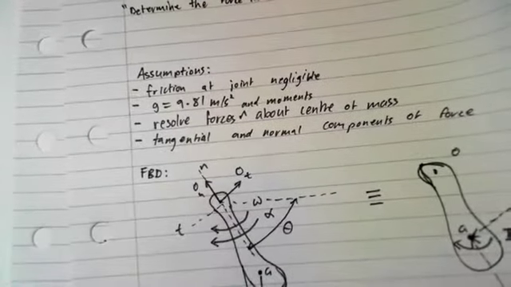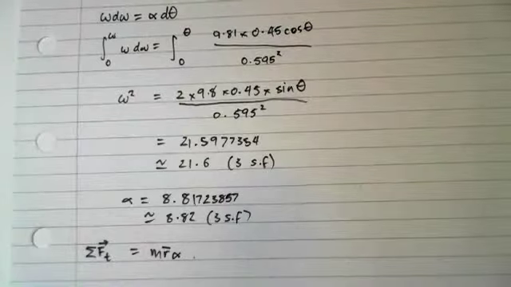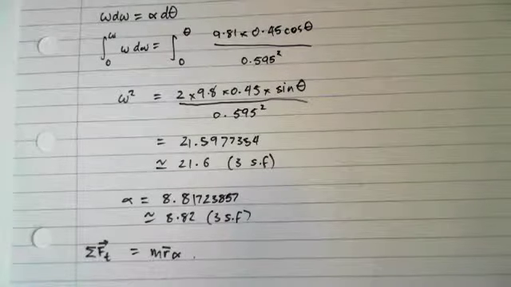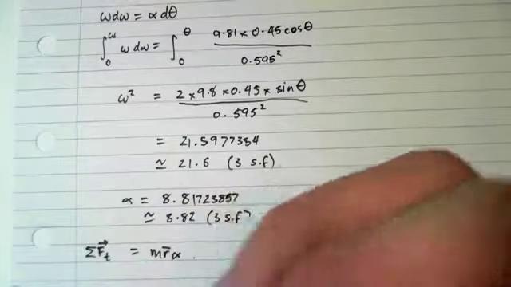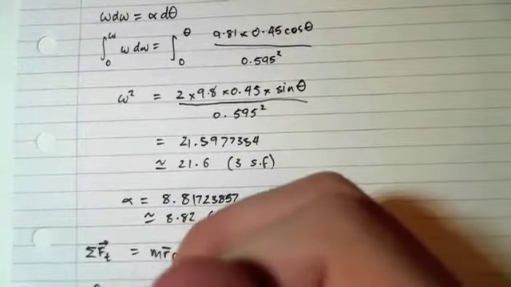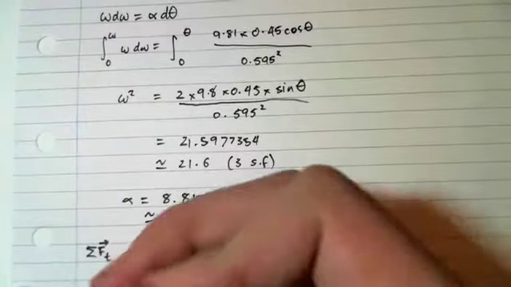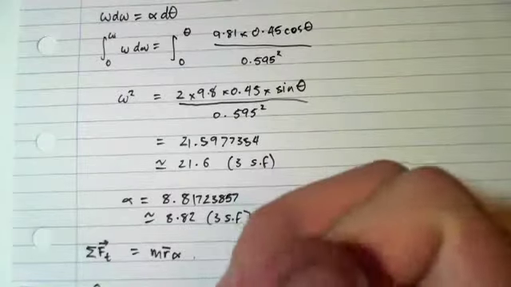Just fix that up. I forgot to label those. My mistake. We end up getting an equation like this for our tangential. We get O_T, so it's negative because it's in the opposite direction to the tangential direction of motion.